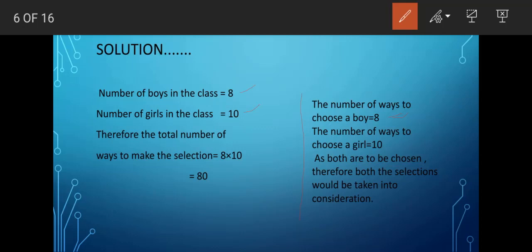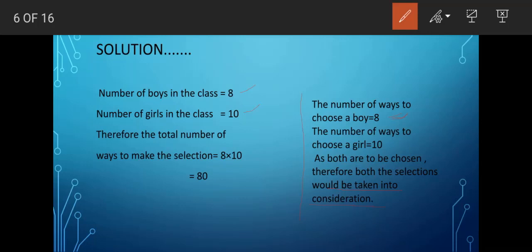Now what is said here, as both are to be chosen, both the selections would be taken into consideration. So neither the selection of the boy nor the selection of a girl we can ignore. So both will have to be taken into consideration, therefore it will follow the fundamental principle of multiplication.